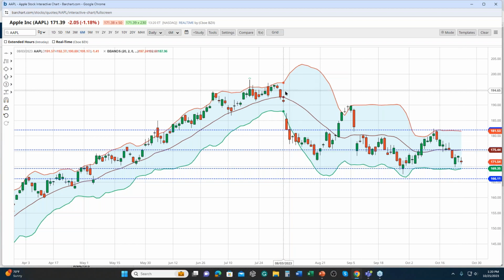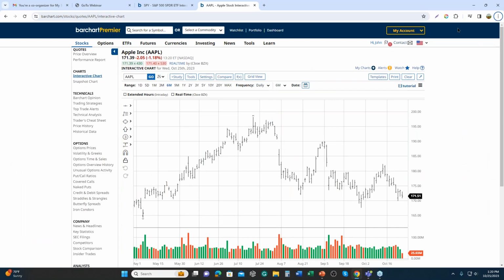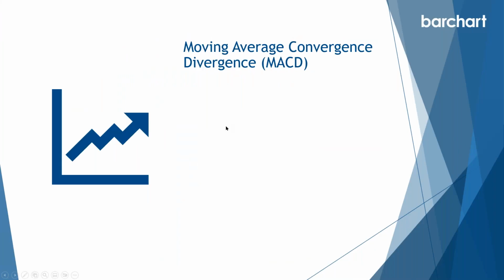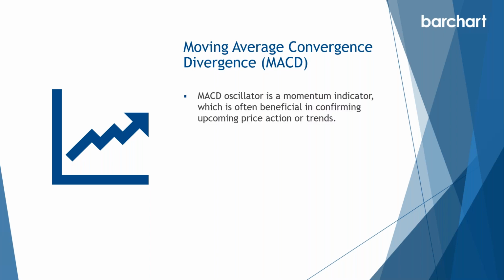So let's add another layer to our analysis. And that layer is the moving average convergence divergence. So again, as our application or how we're going to use this in our process, the MACD is an oscillator that is a momentum indicator, which is also very beneficial for us in confirming upcoming price actions or confirming our trends.